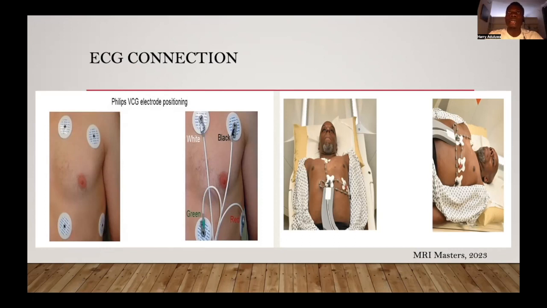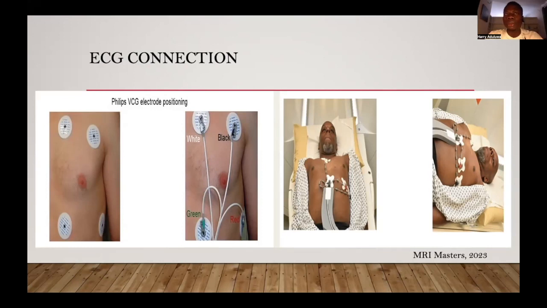gating. Now, one of the good differences between the peripheral gating and the normal vector gating, like you can see on the screen, is for patients that have inordinate heart rates, whereby the heart rate is just going up, coming down, and then distorting images for you. You could just switch over to your peripheral ECG.